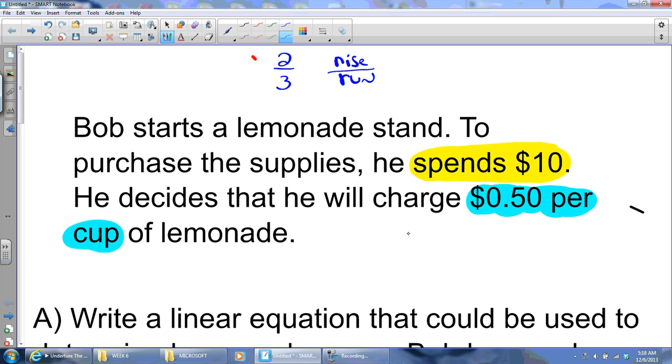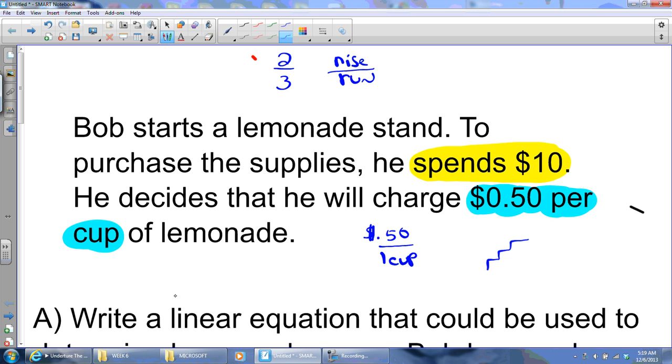So when I say 50 cents per cup, I've got a ratio. And hopefully you're thinking, oh, you have your slope. Of course I do. I'm going to rise 50 cents for every 1 cup I sell. Then I'm going to rise 50 cents more for the next cup, and then 50 cents more, and then 50 cents more.